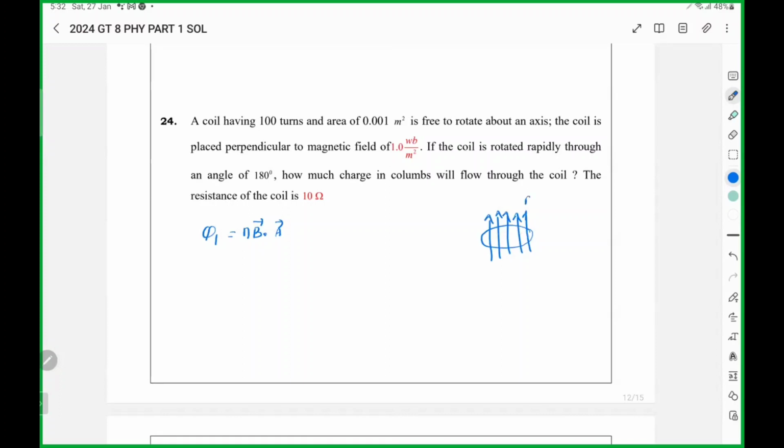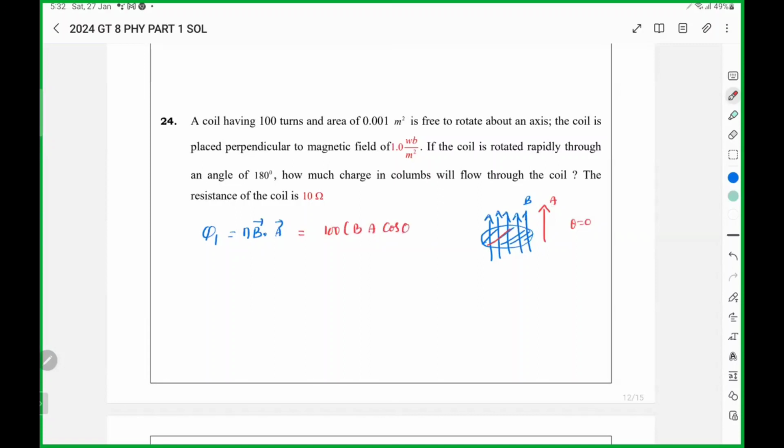Here the magnetic field direction is this. The coil is placed perpendicular to it. Area vector is always perpendicular to the plane. That means the angle between the B direction and A direction, they are parallel. Theta is 0. N here is 100.